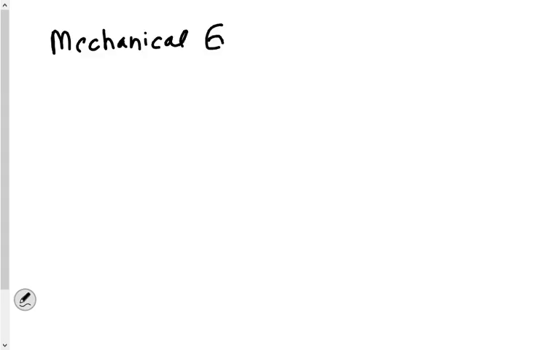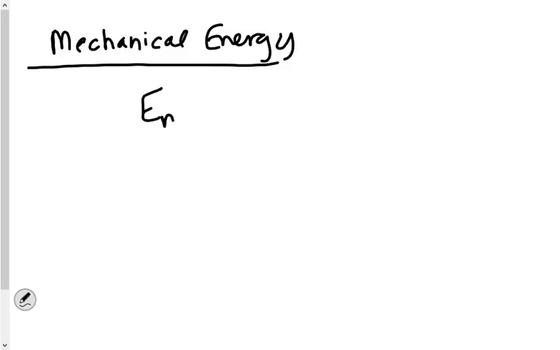So the first thing we want to talk about is mechanical energy. And some of this we went over when we were getting ready to do the energy of a tossed ball lab. So we said that Emac was equal to what? Anybody remember?